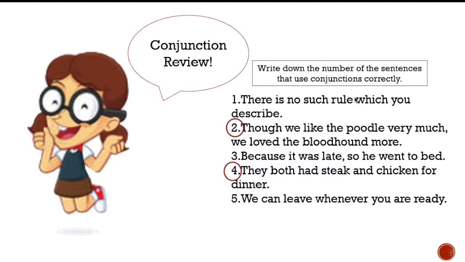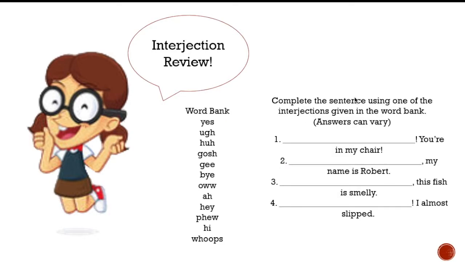Make sure to check your answers and write them down in a different color ink so you can review them later. Let's move on to the next exercise. For our last exercise, we'll review interjections. Go on ahead and use the word bank to complete the sentence. Answers will vary, so there won't be a review.